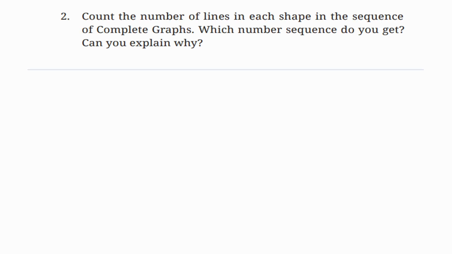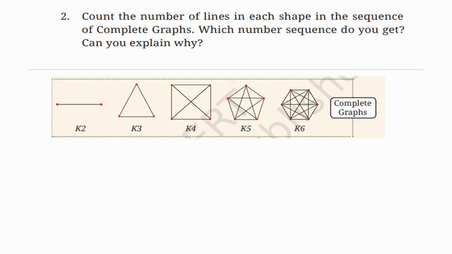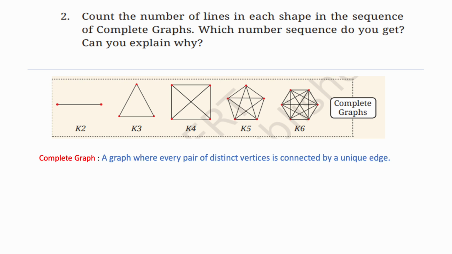Count the number of lines in each shape in the sequence of complete graphs. Which number sequence do you get? Can you explain why? These are complete graphs. What is a complete graph? A complete graph is a graph where every pair of distinct vertices is connected by a unique edge.